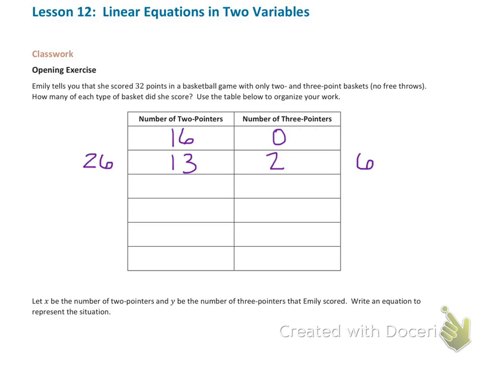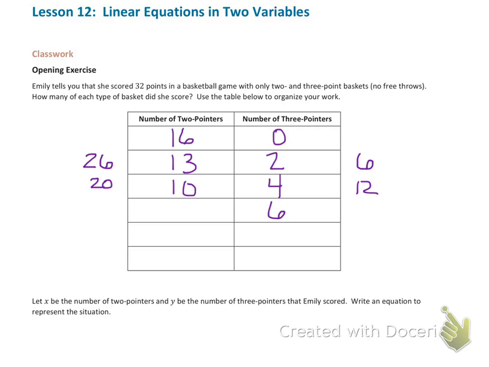Okay, and so if you continue with that line of reasoning, whoops, she can't score 3 of those. If she scores 4 3-pointers, she could score 10 2-pointers because 10 times 2 is 20, 4 times 3 is 12. Those add up to 32.